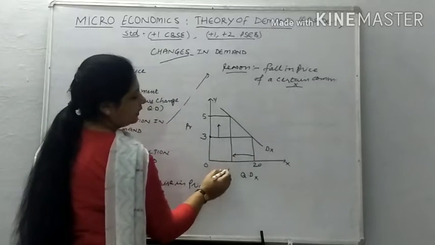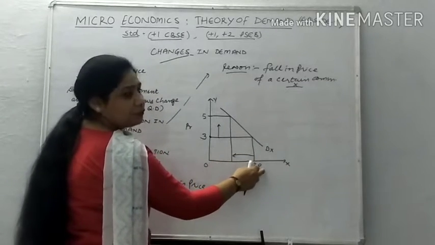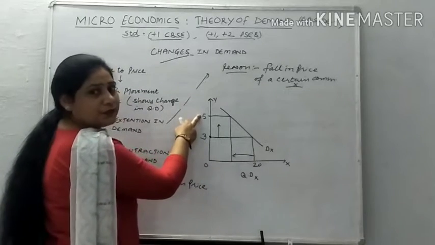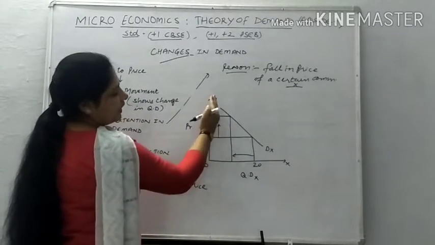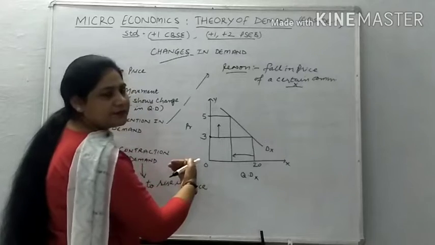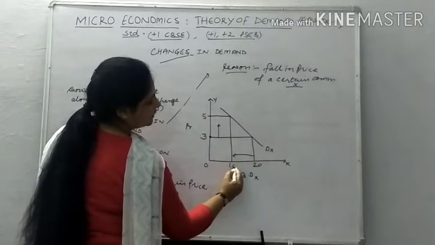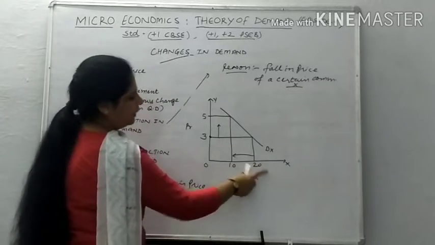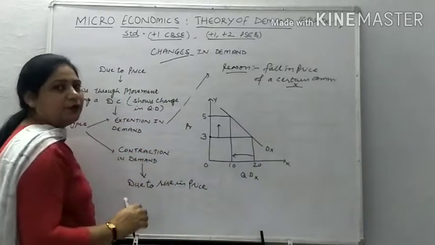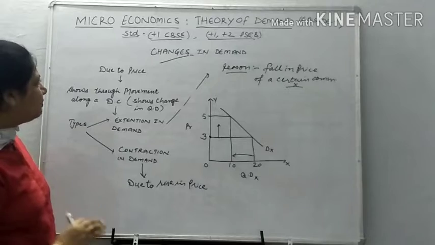He is not willing to purchase 20 units at this price. So with the rise in price, the consumer contracts his quantity demanded. Quantity demanded decreases from 20 units to 10 units. I hope you got this concept.